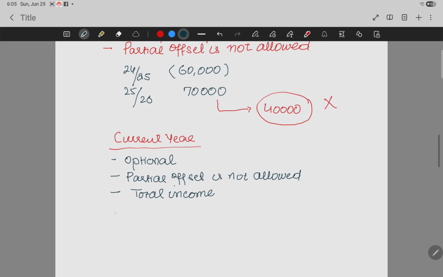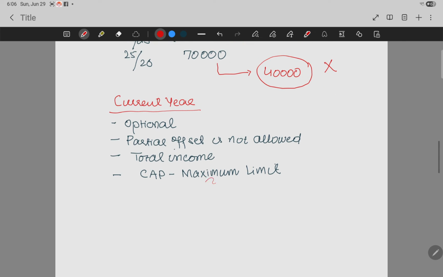And also remember, there is a cap, that is the maximum limit, that you cannot offset beyond that limit, and this limit is greater of £50,000 and 25% of adjusted total income.